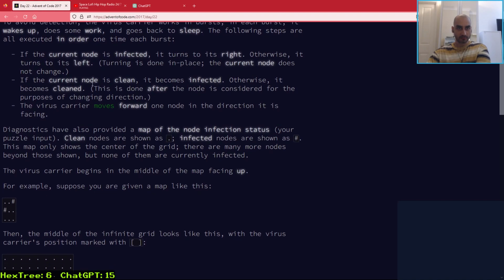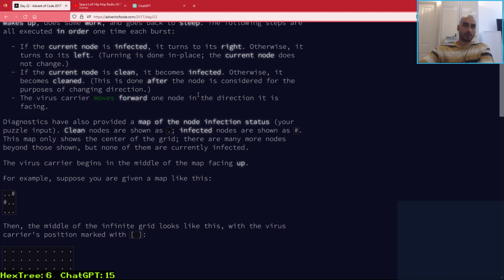It infects the current node. Okay. The virus carrier moves forward one node in the direction it is facing. Fine. That's straightforward.